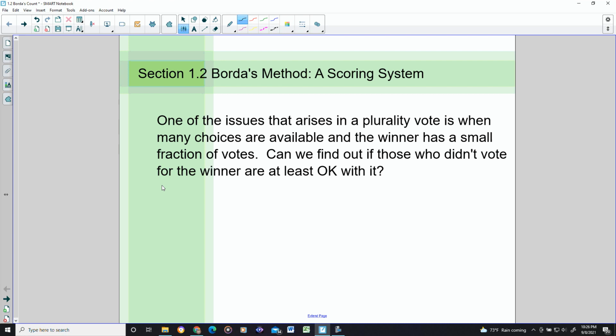Well, we can kind of do the same thing here. What Borda's method is going to do is generalize that and bring in a combination of people's not just second choices, but also third choices and more.